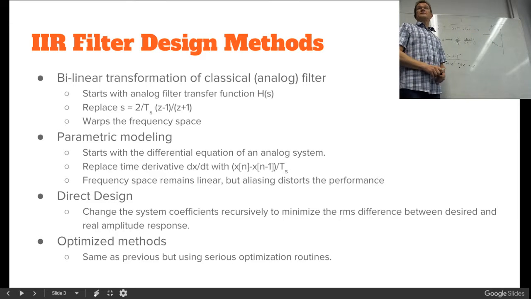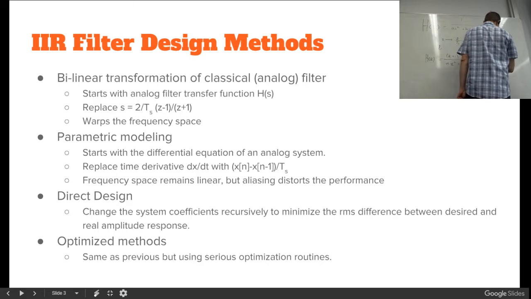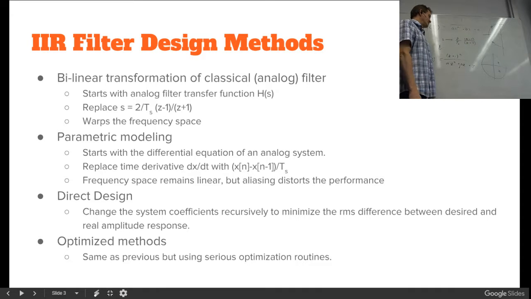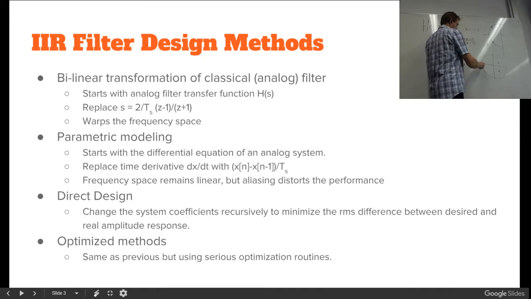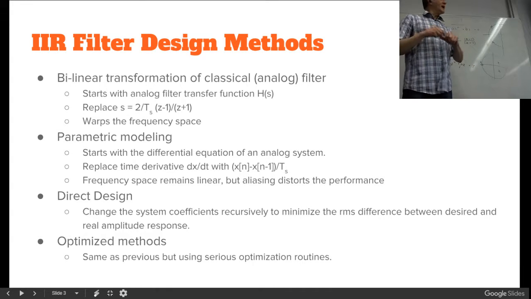Okay, so you will get a system in the Z plane, and depending on whatever, you will get the poles inside of the unit circle and a double zero here. That's the bilinear transformation, how it treats an analog system transfer function and makes it a digital domain transfer function.